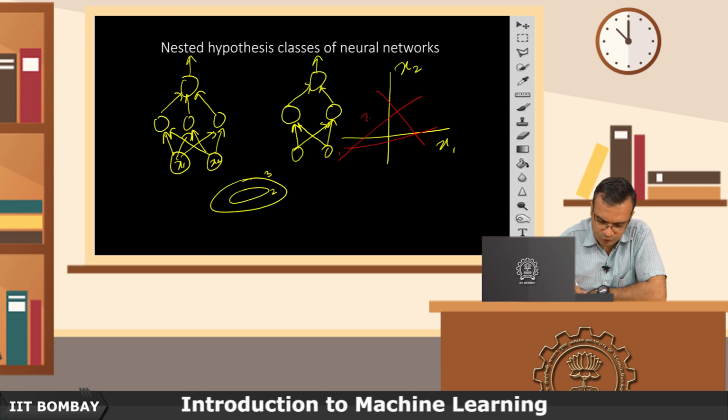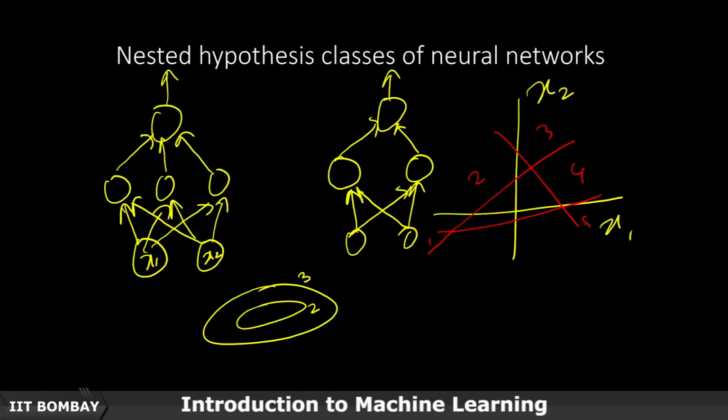Now you have 1, 2, 3, 4, 5, 6 and 7 spaces that in general we will have because of these 3 lines. You can color them any which way using the weights of the final layer and the weights of the initial layer.